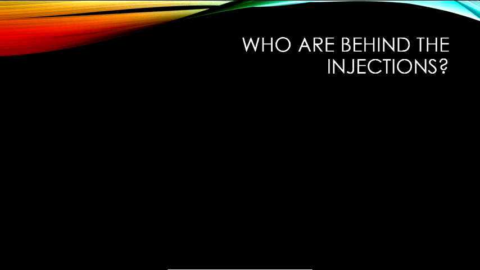So, who are the entities behind those injections? We first tried to identify the actual entities that inject, the actual injectors. However, we quickly realized that it is a very hard task because there is little identifying evidence in the injected content.